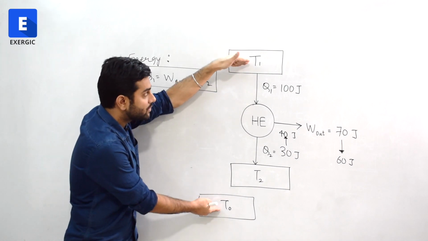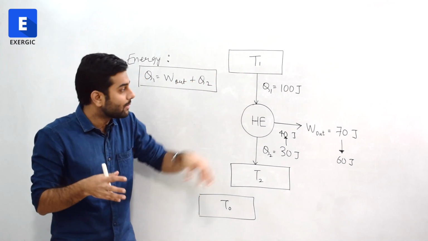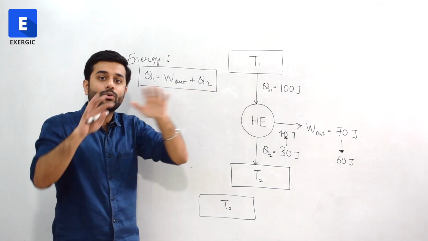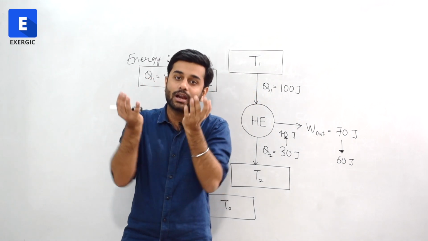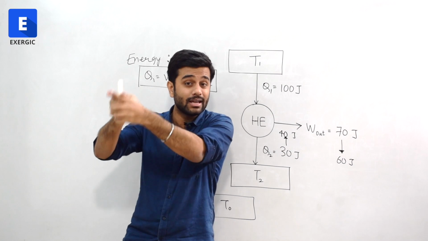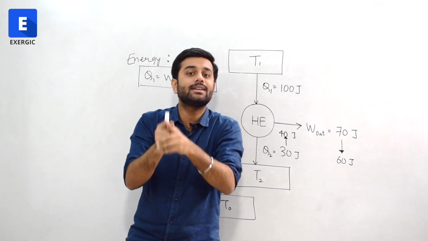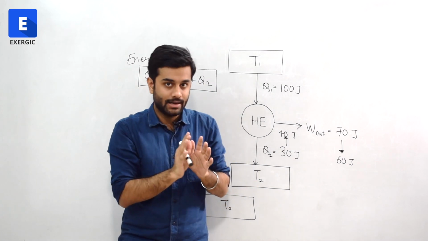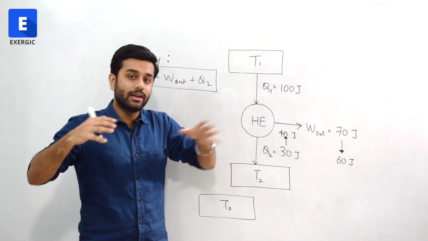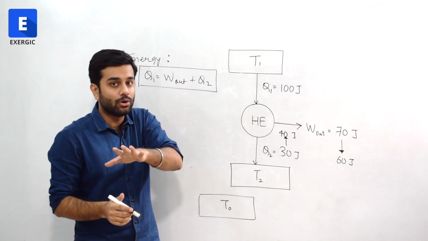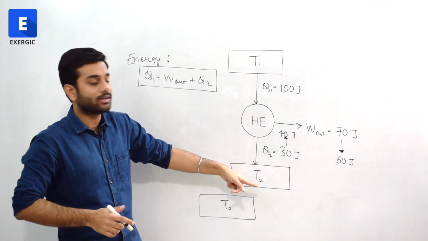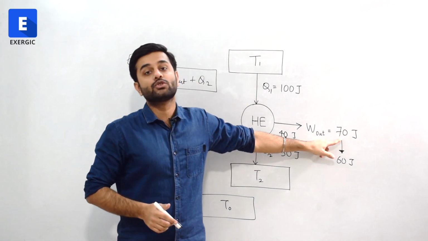So between these two temperature limits, I will supply this heat Q1 to a reversible Carnot heat engine, and that work output will give me the available energy, right? That available energy I already know. How? Because initially I told you that between T1 and T0, the work output you get is 70 joule.